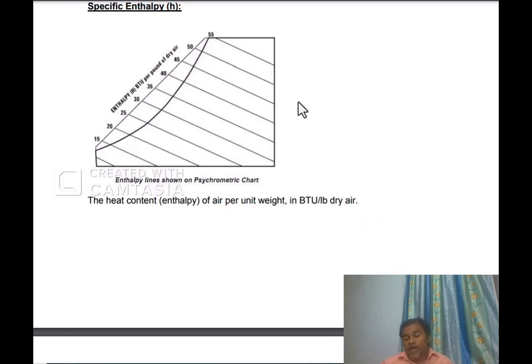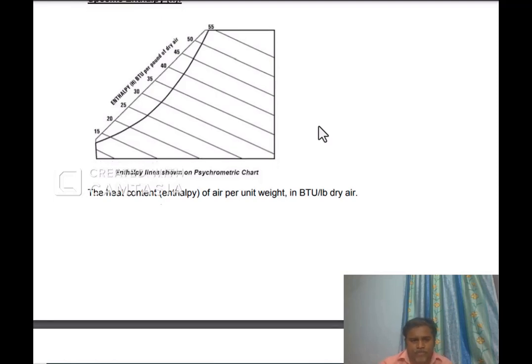Guys, I have split the charts up separately, because if you see the complete chart with all the lines merged, you are not going to understand these things. So I separated everything to show you in an easy manner so that you can understand very nicely. I have given a separate chart, and you have to understand that the psychrometric chart is a representation of the combination of all these things.